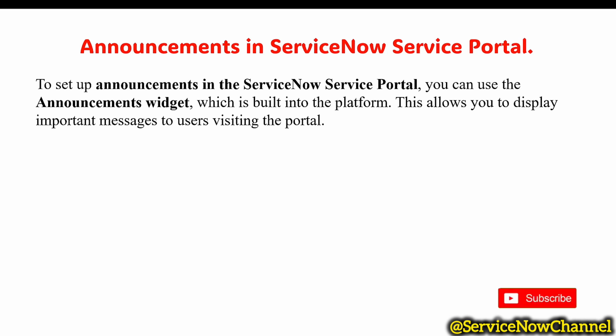If SailPoint has a server down, or there is some upgradation on the Snow side in a particular window, and we need to show that message to the end user, then by using these announcements you can easily convey the message to the end users.